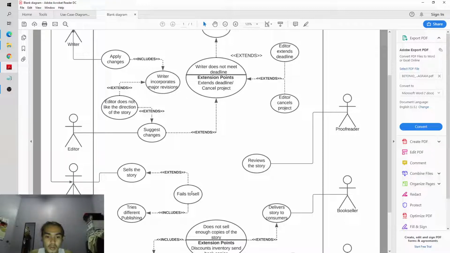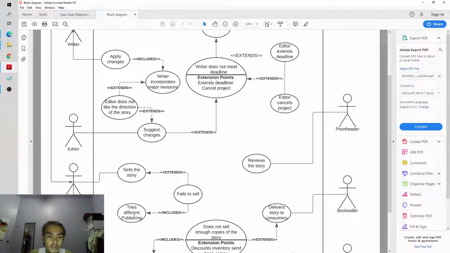If it fails to sell, it is labeled extend, because oftentimes, most of the time, agents that sell the story have a higher success rate.